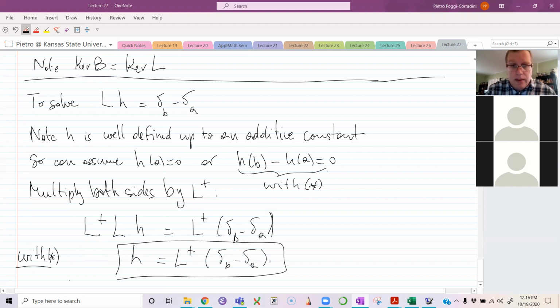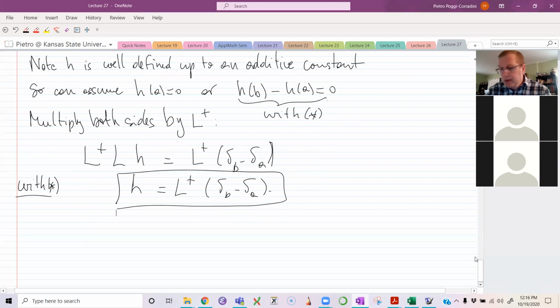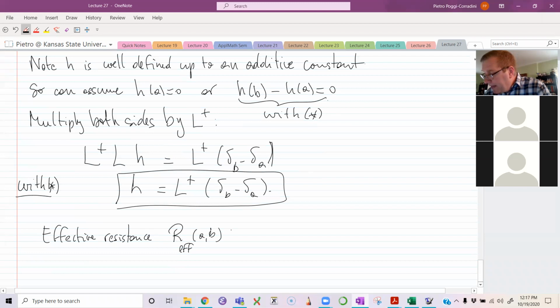So in particular, if you want the effective resistance now from A to B, you need to compute the voltage drop. Remember, that was HB minus HA.